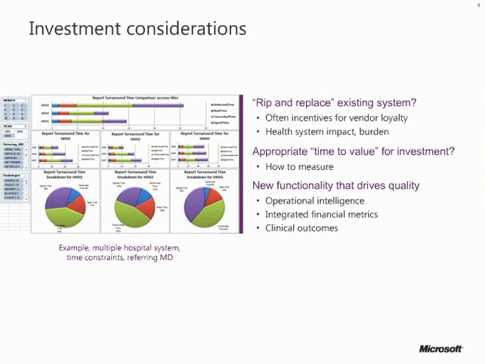There is also health system impact. So, for example, if a health system acquires another hospital with a different system, and to really be efficient in radiology and provide cross-coverage of different institutions in a single network, it becomes complex with these multi-PACS environments. And then, how do you understand appropriate time to value for investment, and how do you measure that becomes a big question and challenge.